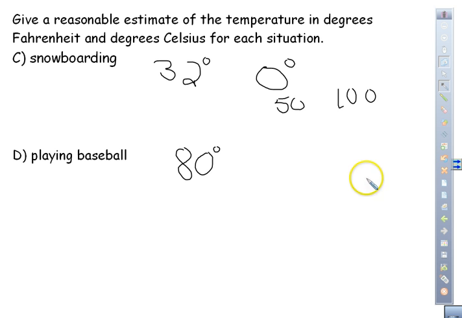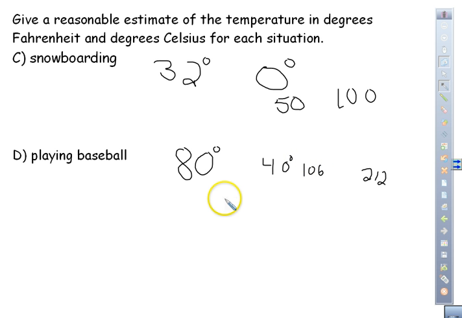Okay, so if we're trying to compare 212 and then compare to the half of that at 106 degrees, then this is about 26 degrees less, and this one has to be less than that 50 degrees. So I'm going to say probably around 40 degrees Celsius.